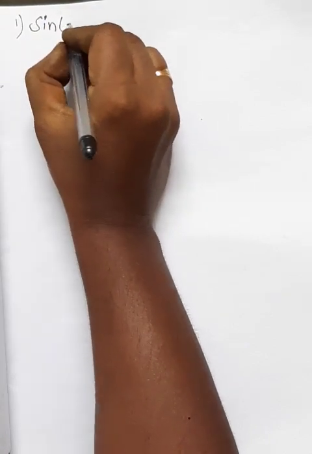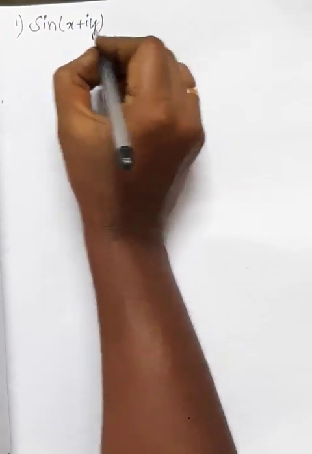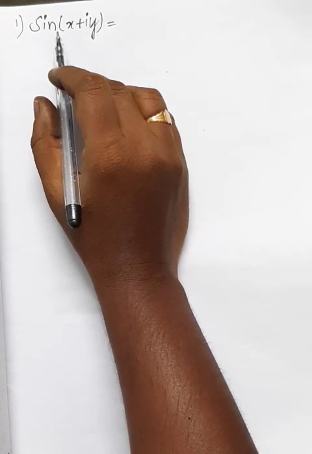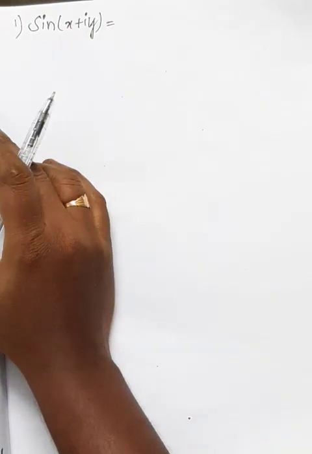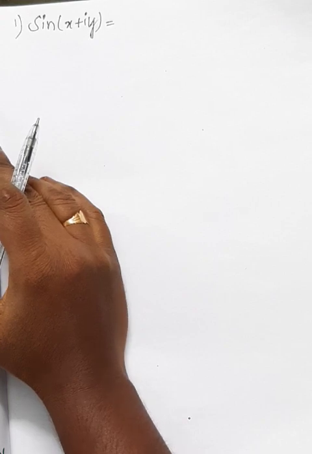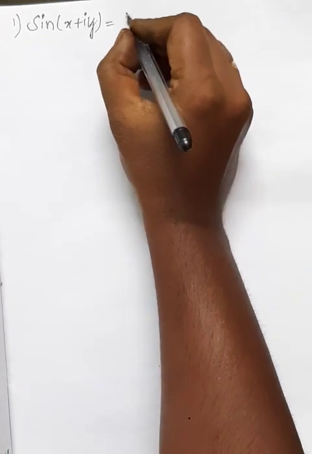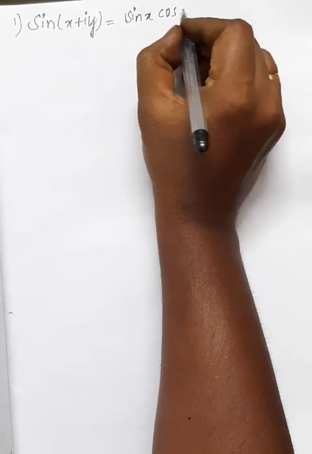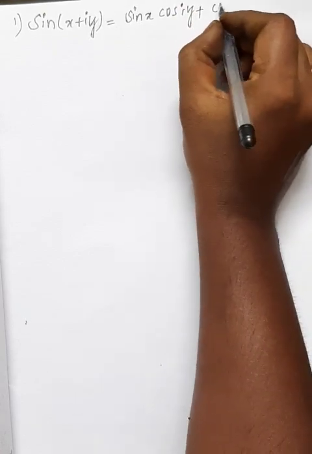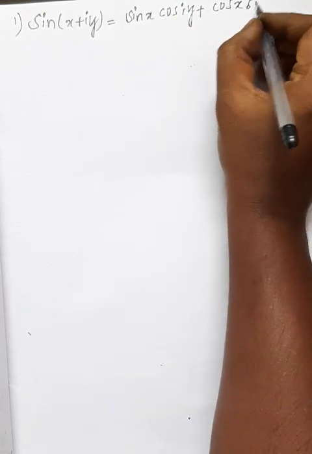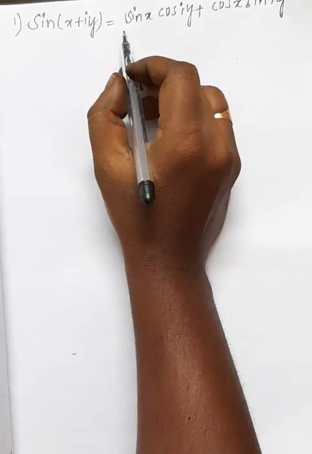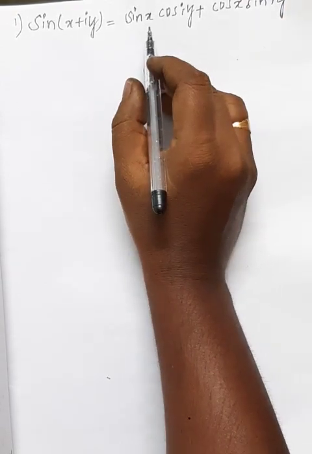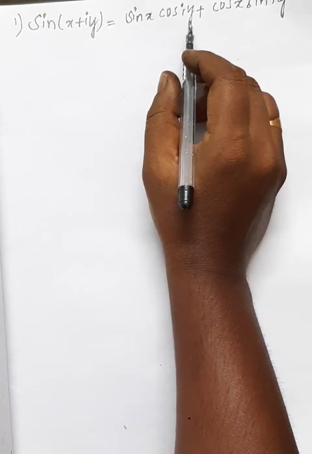Our first one is sin of x plus iy, which is like the sin of a plus b formula. We already know the sin a plus b formula: sin a cos b plus cos a sin b, that is sin x cos iy plus cos x sin iy. In place of a we have x, in place of b we have iy.